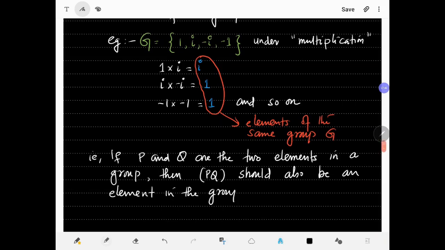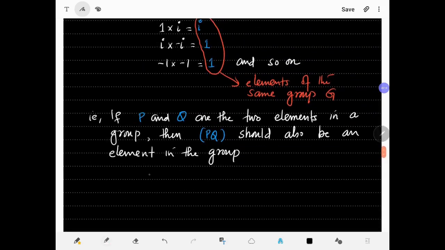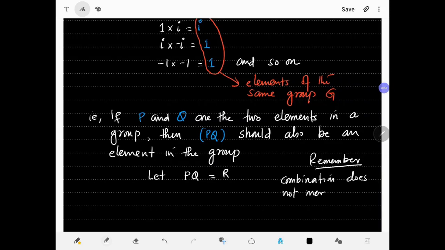So if I combine the 2 elements as PQ, and when it is combined, I am getting another element R, and you should always remember the combination does not merely mean multiplication, as I told you earlier.